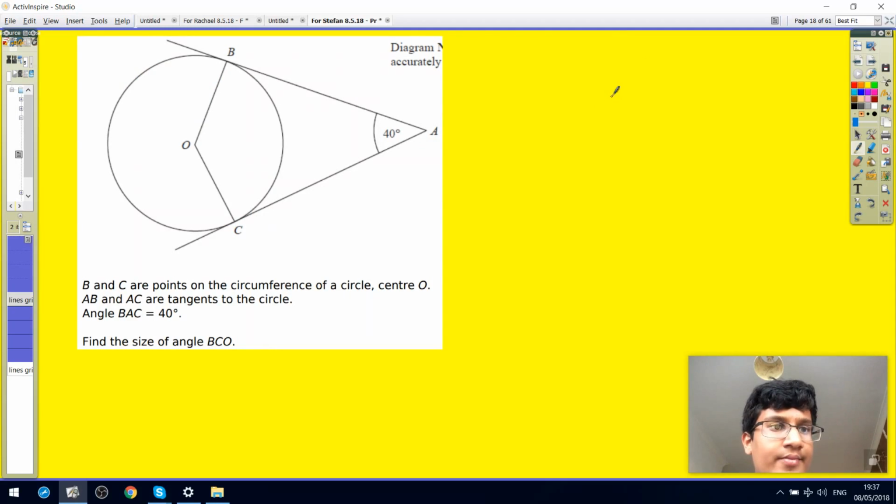Okay, how about this? So angle BCO. So yeah, you'd have to draw a straight line to make a sort of separate triangle. So BCO to be a separate triangle.